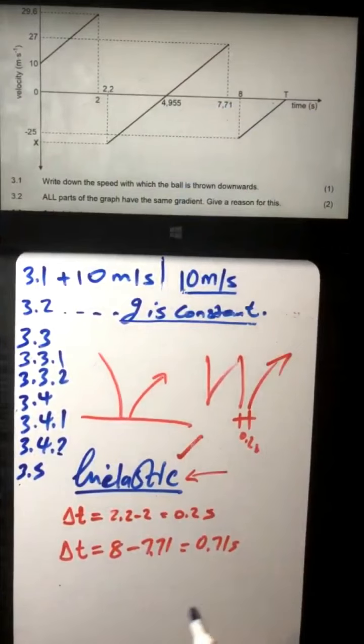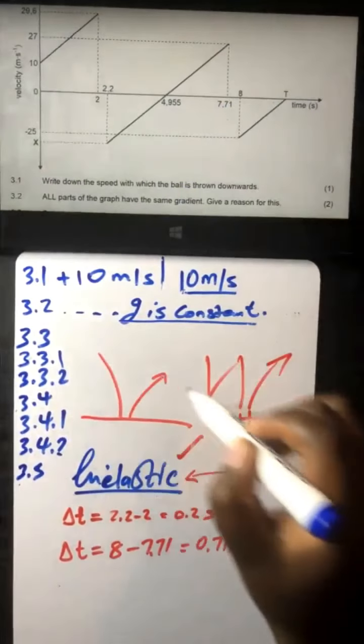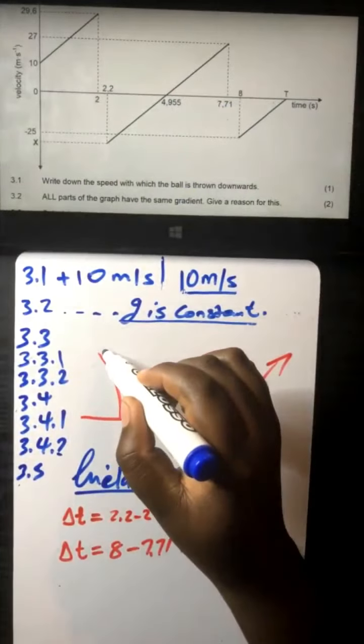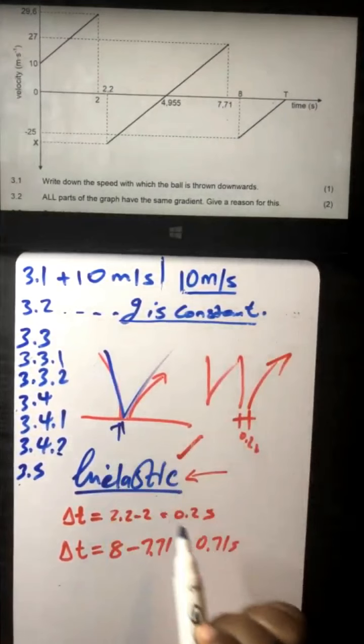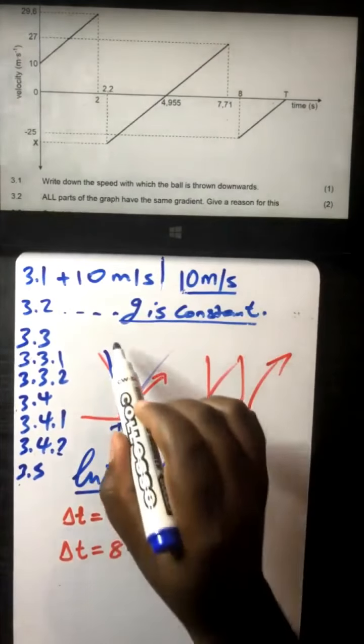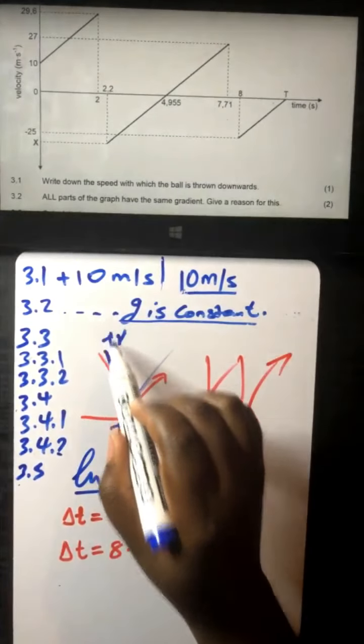So obviously, Mr. D, if this object has a high speed, it will take a short time in contact with the ground because the speed or the velocity is high.